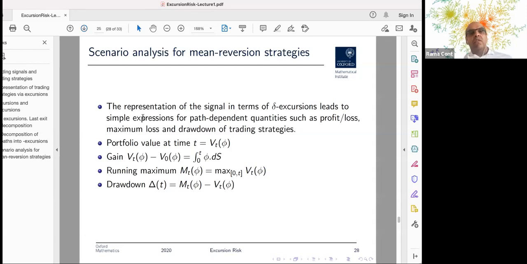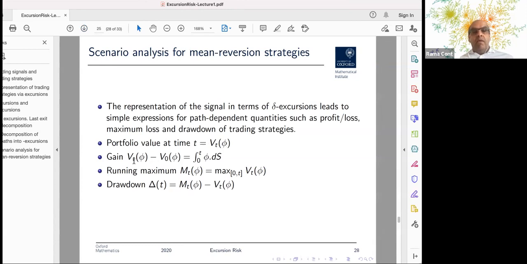So here are some quantities we're interested in. We're going to go back to our trading strategy phi, any of the examples I showed you earlier. Obviously we want to know something about the portfolio value at time t, which I denote V_t^phi.